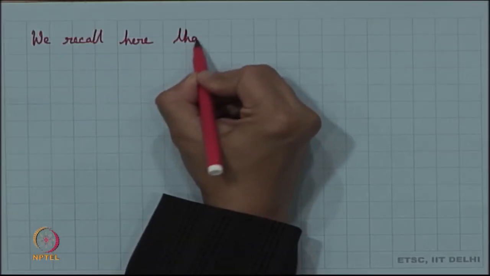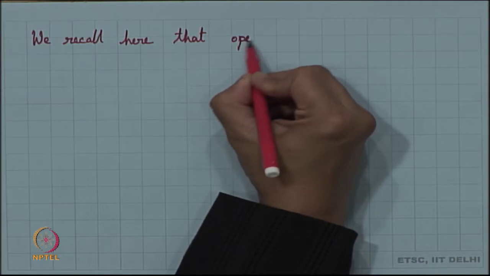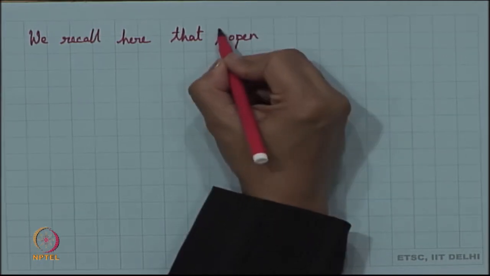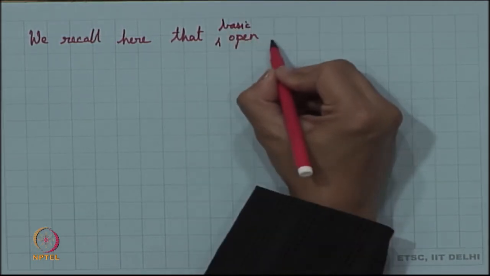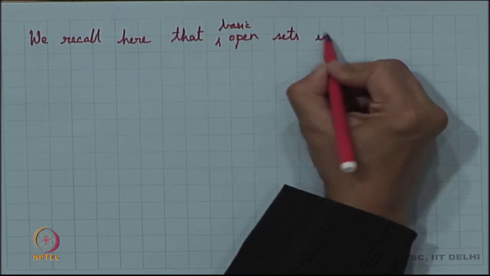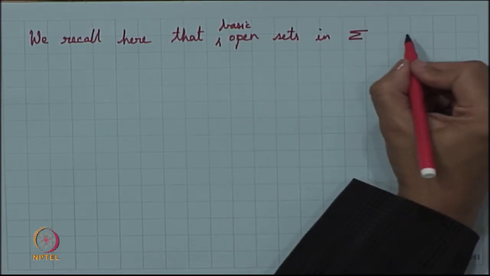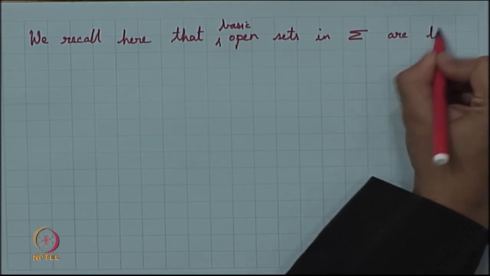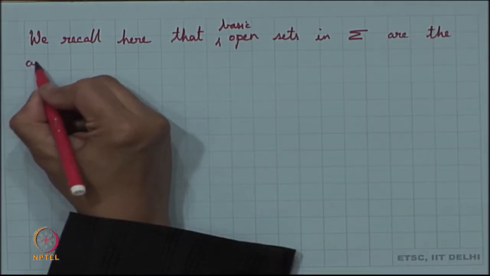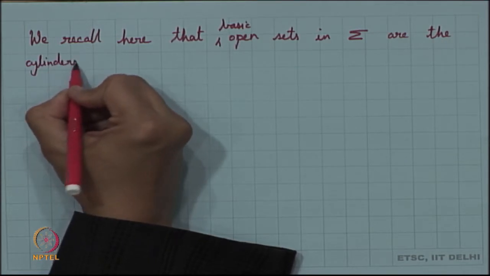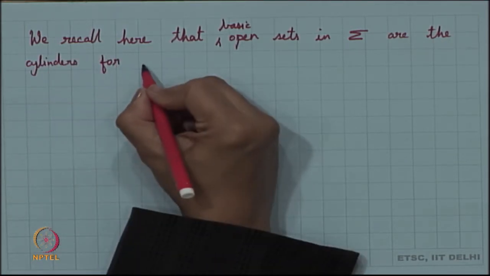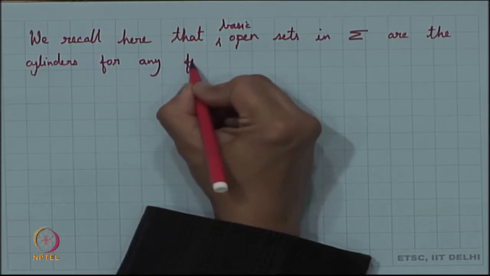What do we get here? Now, we recall the basic open sets: these are the cylinders.